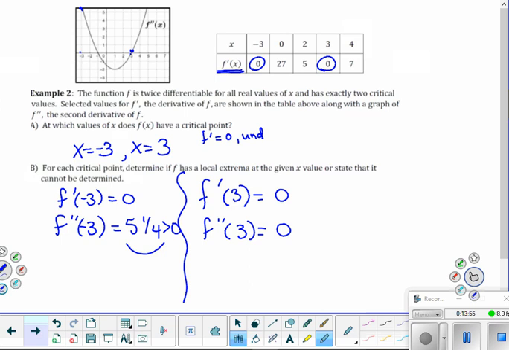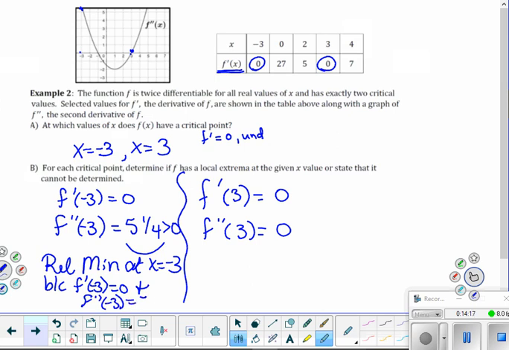Second derivative greater than 0 and a critical point is going to be a relative minimum at x equals -3 because f prime of -3 equals 0 and f double prime of -3 is equal to 5, which is greater than 0. Thus, we're concave up.